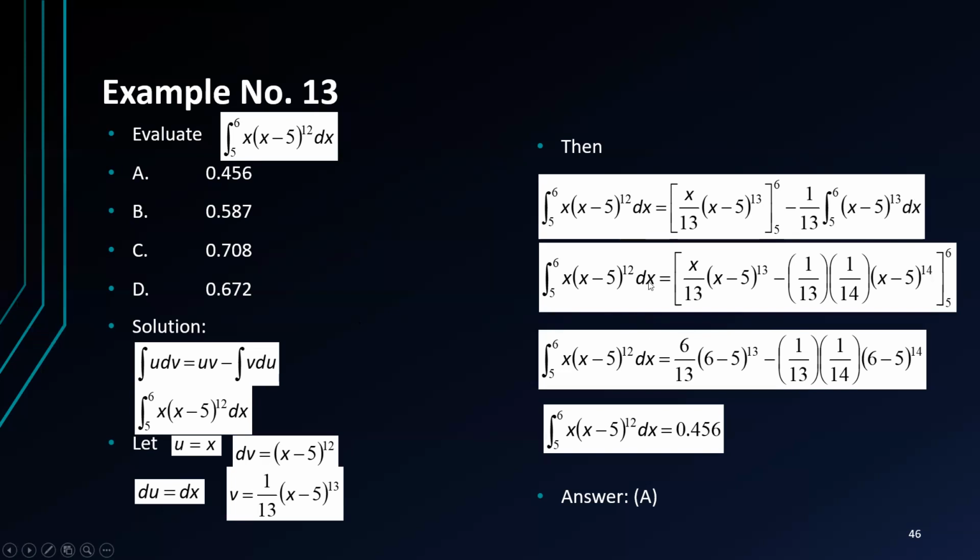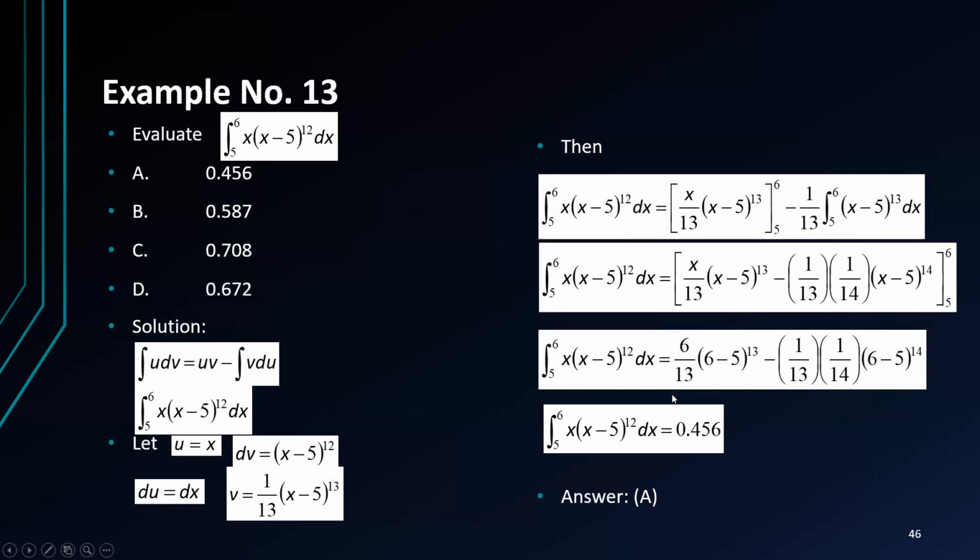Okay? So, this is now equal to x over 13 times (x minus 5) exponent 13, minus the integral of that, 1 over 13 times 1 over 14, kasi magpa-plus 1 ka dyan, di ba? Times (x minus 5) exponent 14, whose limit is from 5 to 6. Substitute mo na tong 5 to 6.